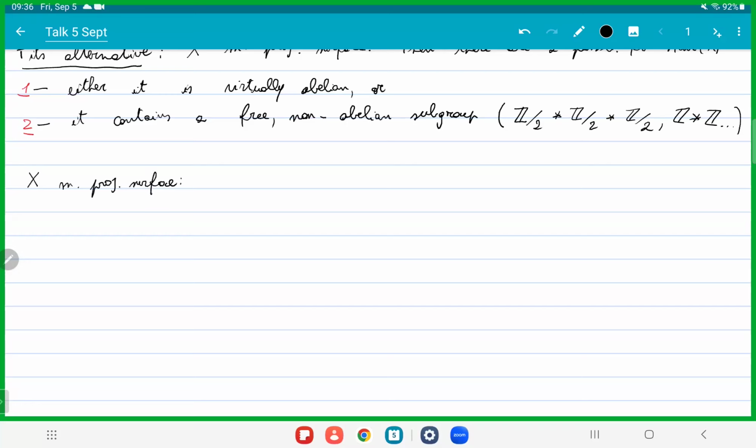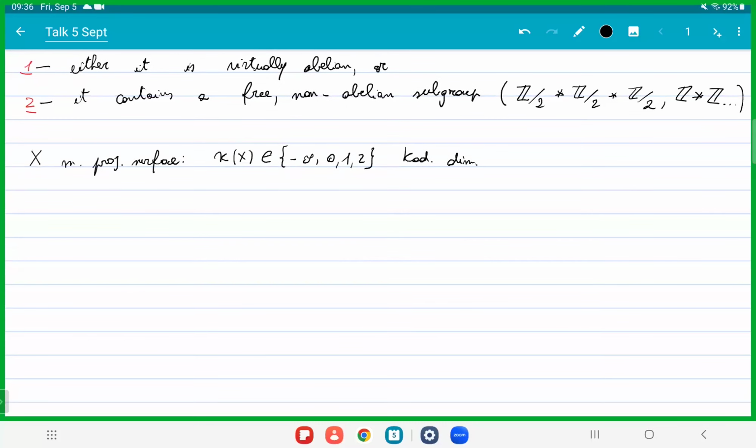Then there's an important invariant, which I'm sure all of you know, which is the Kodaira dimension of X. It's a number that is either minus infinity, 0, 1, or 2. If you don't know what this is, it just measures the positivity of the canonical bundle of X. So it's some sort of two-dimensional generalization of the genus of a curve.